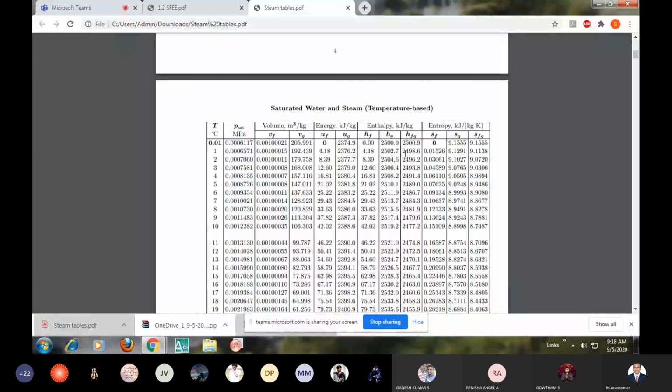So hfg equals hg minus hf. Like that we have sfg, that is sg minus sf. So we can get the properties of saturated water from this table.